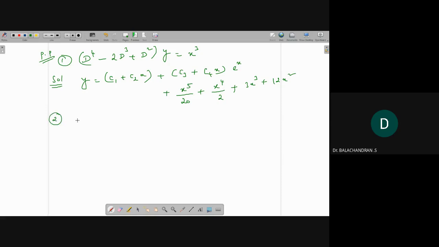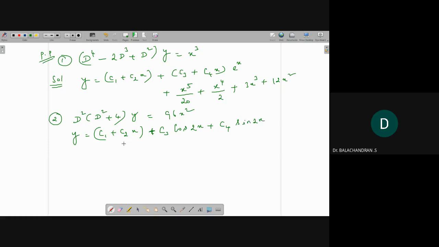Second problem, D^2 (D^2 + 4) y = 96 x^2. y is equal to c1 + c2 x + c3 cos 2x + c4 sin 2x.